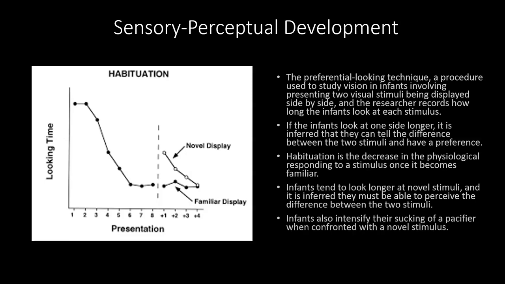Also, another kind of measure that can be used, in addition to how long they look at an object, is a specially defined pacifier, which records how intensely the baby sucks on it. They tend to intensify their sucking when they are shown a new stimulus.